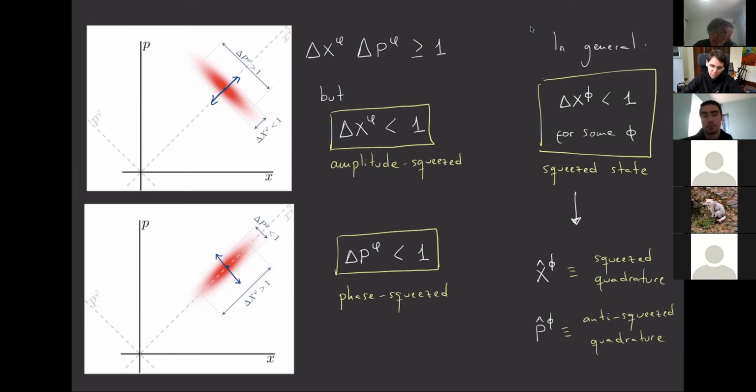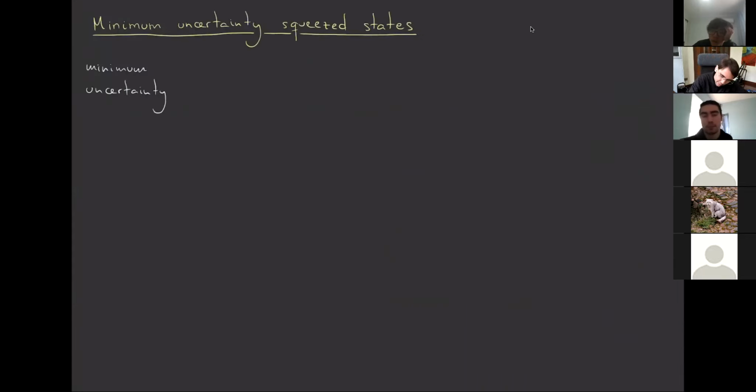But the squeezed states that we are going to work with, and the squeezed states that are usually generated in the lab, are mostly Gaussian of this type. But very good question, thanks.